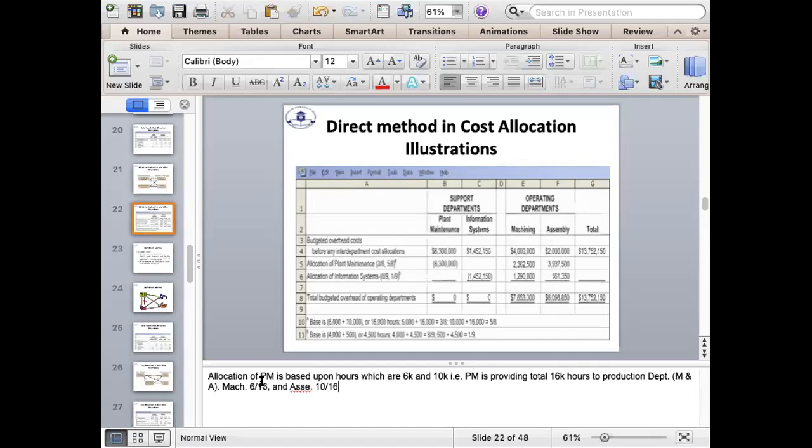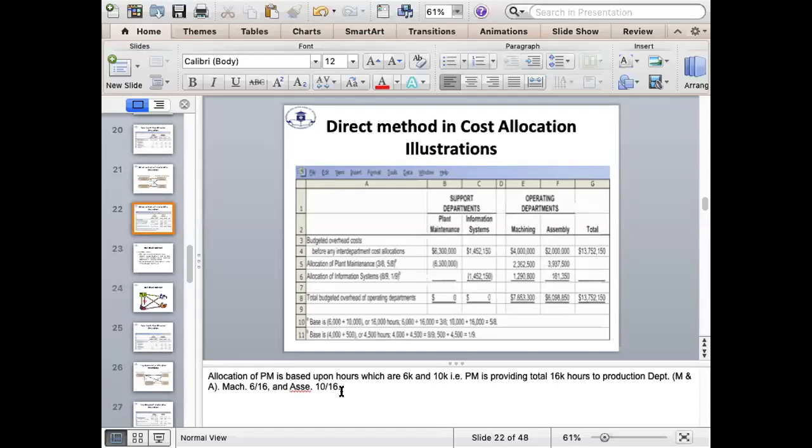So 6 divided by 16 means 3/8, and 10 divided by 16 means 5/8.